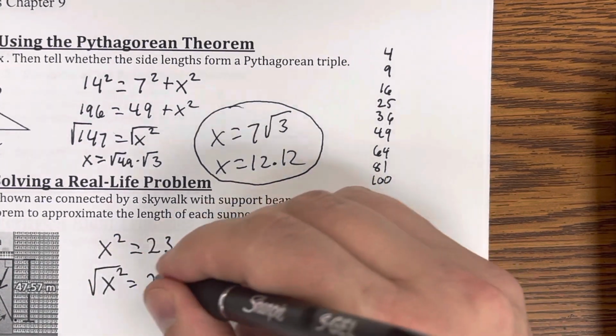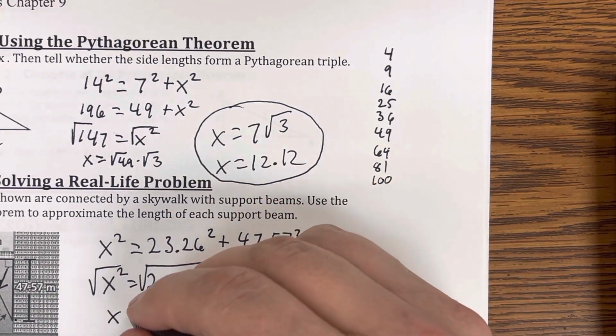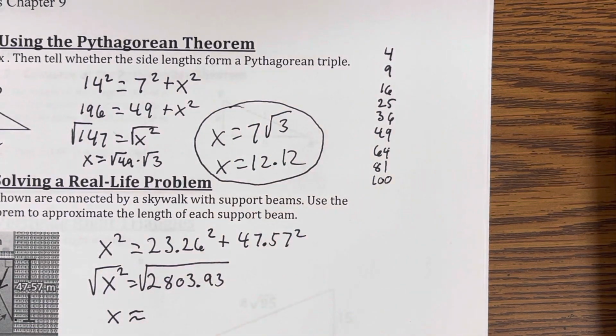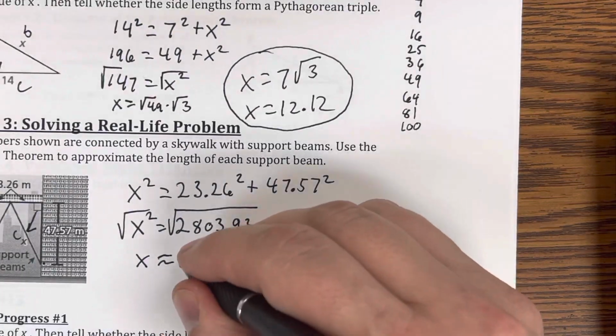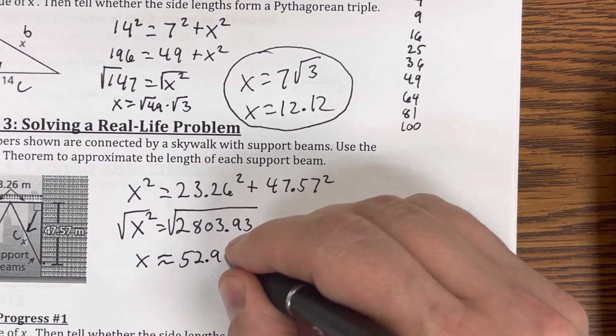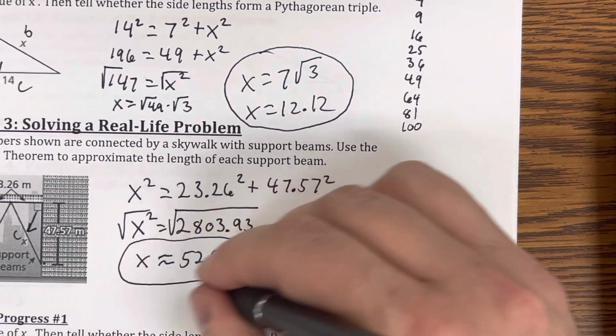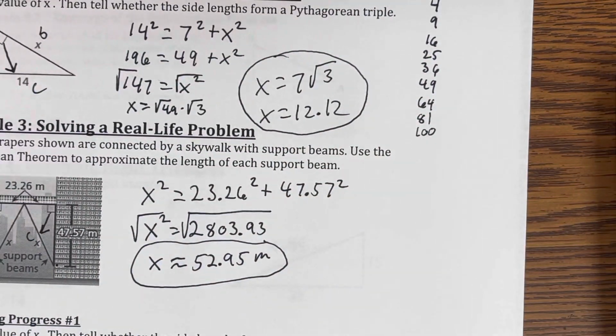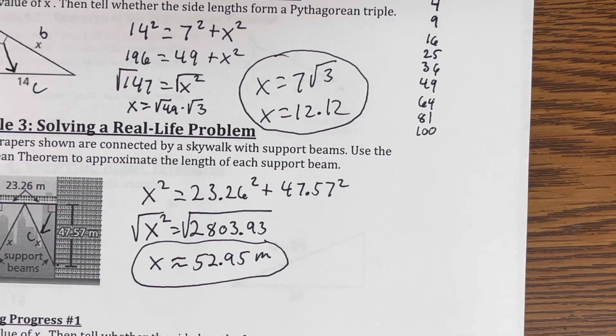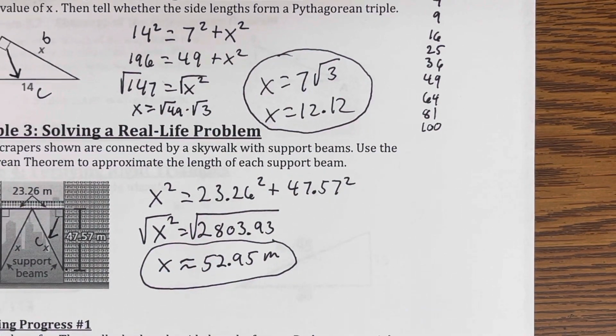Then we take the square root of both sides. And x is approximately, hence the squiggly equal sign, 52.95. And that's in meters. So you're going to need a calculator to do some of these calculations. All right. Go ahead and hit pause and try the next two on your own.